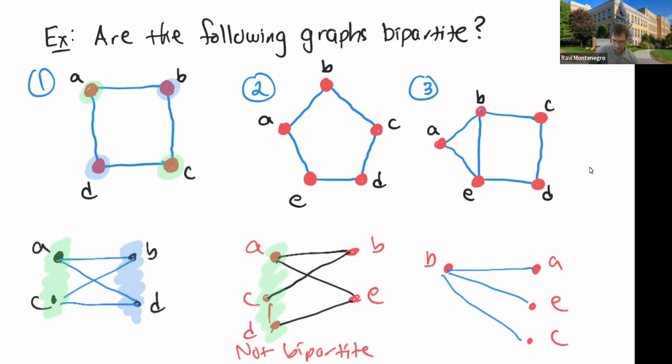Now we run into a problem because A and E are next to each other. And so looking at the blue side of the figure here, there are two adjacent vertices. So again, this is not bipartite.